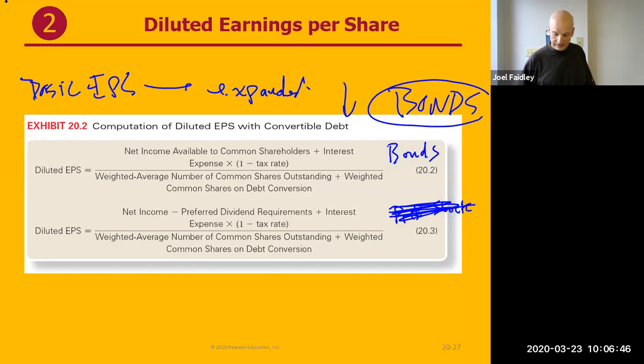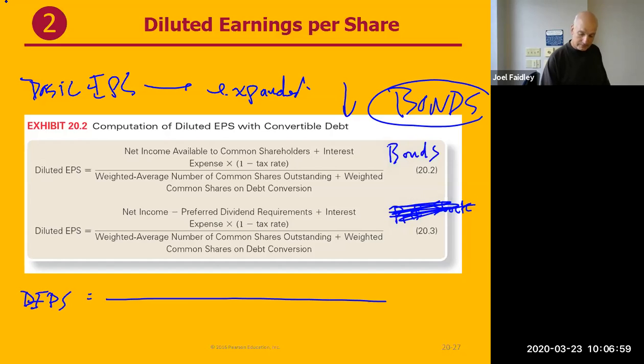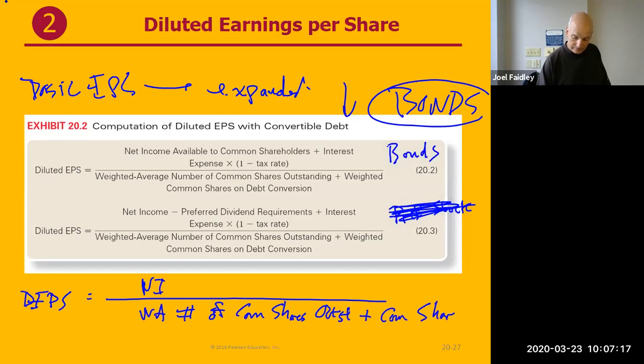All right, so they're going to break this out into 2 different sections as far as bonds, as far as preferred stock. But I'll just go ahead and write on here. What if you had diluted earnings per share for preferred stock? Net income divided by weighted average number of common shares outstanding plus common shares on preferred stock conversion.